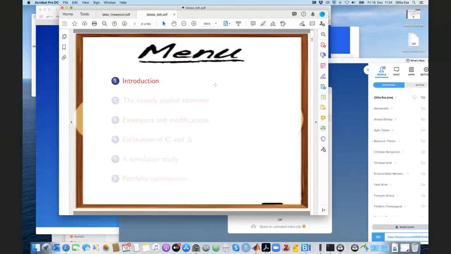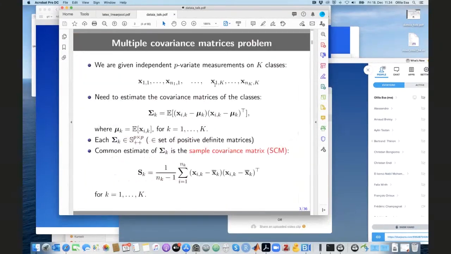Okay, so let's look at the menu that we have here. We have basically 6 items in the menu. First, the introduction. So let's set up the notations. I'm dealing with the problem that we have k classes, and from each population or class we have n_k observations.